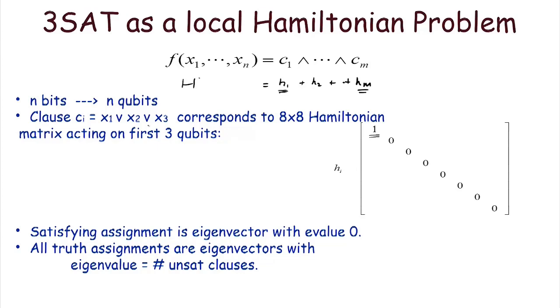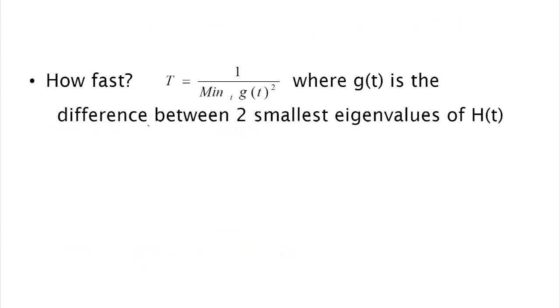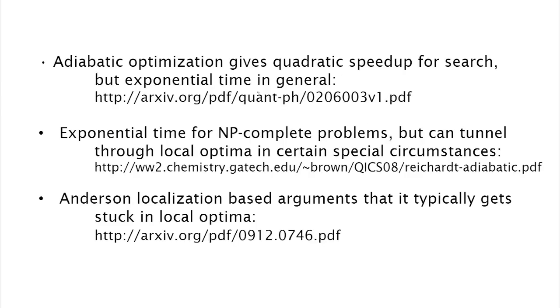So the way you can solve satisfiability is just look at that ground state and see whether it satisfies all the clauses or not. Okay, but how fast can you go? Well, as we saw, the total time that this algorithm must take is 1 over the square of the minimum gap. Here's what we know about it.